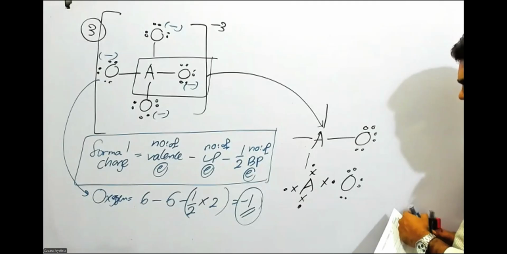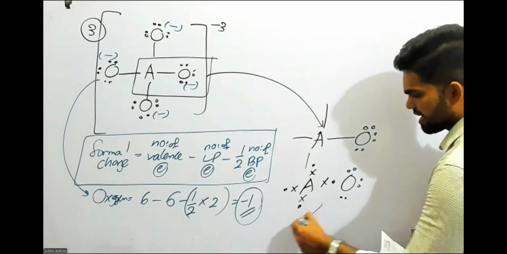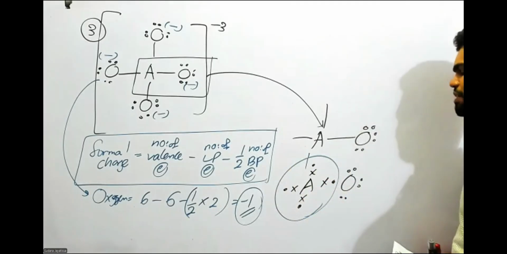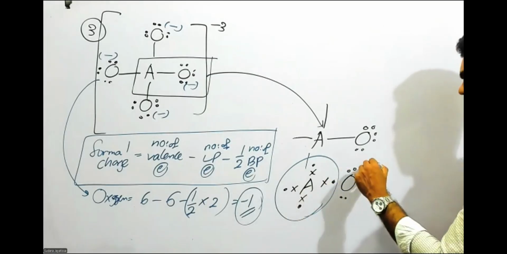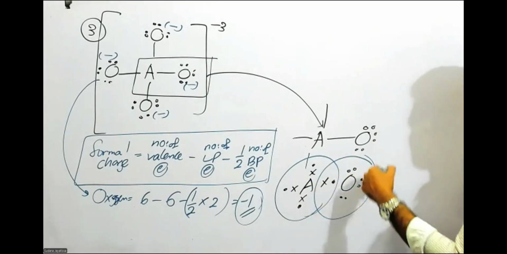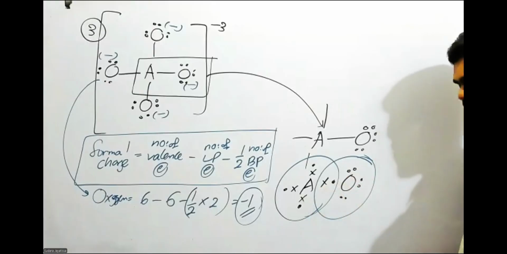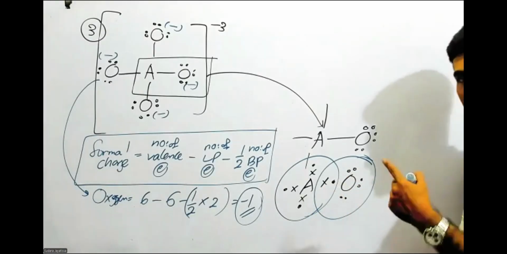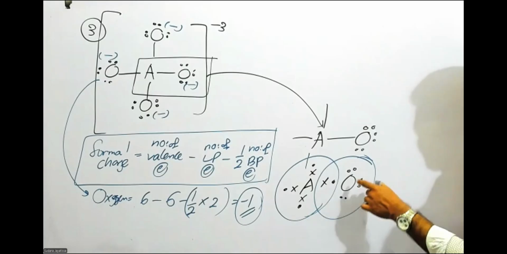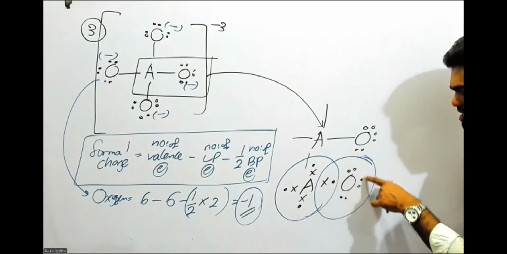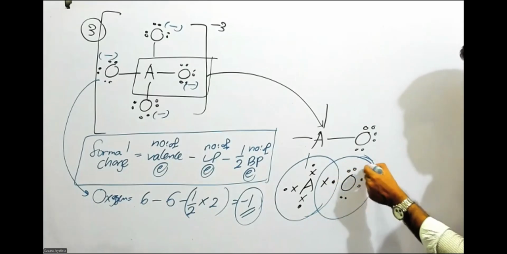Now this is our A atom. In the valence shell of A atom, you have 8 electrons. In the valence shell of oxygen also, you have 8 electrons. So these 2 electrons are shared. Now count how many dots are there for the oxygen.